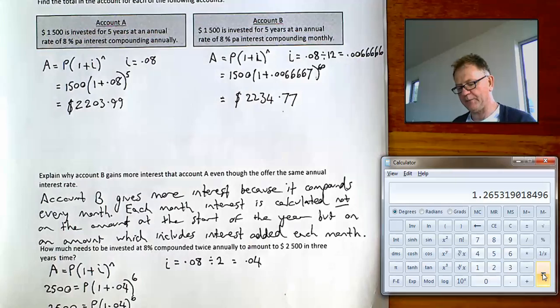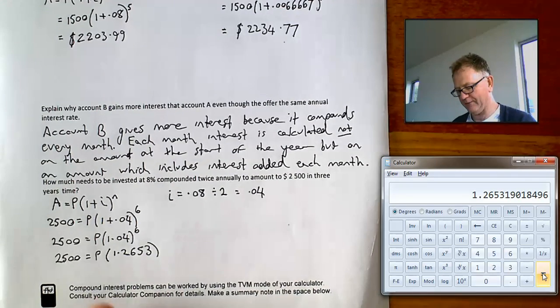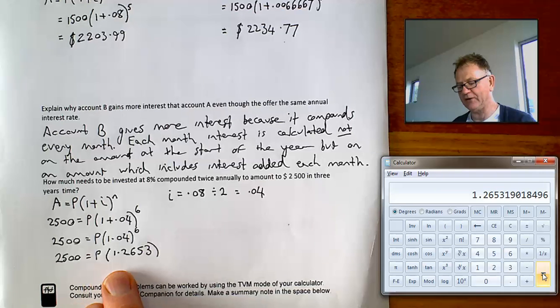If I want to get P by itself in this equation, this is P times 1.2365. I better let you see this. Okay, 2,500 equals P times 1.2635.